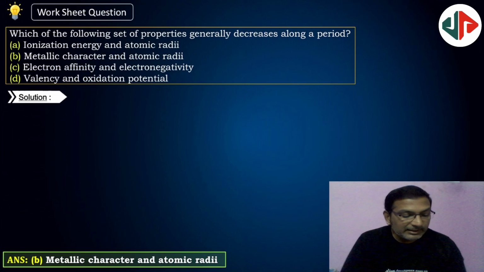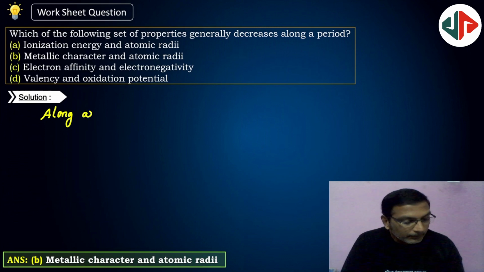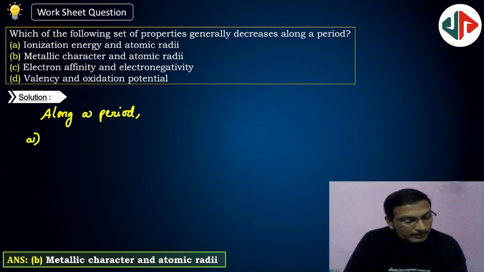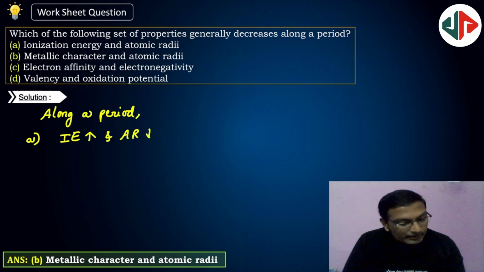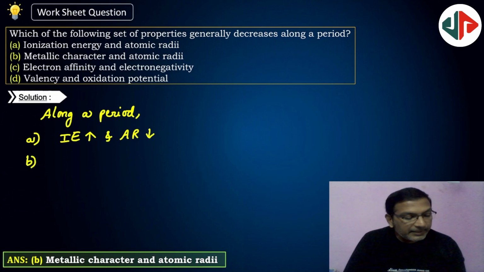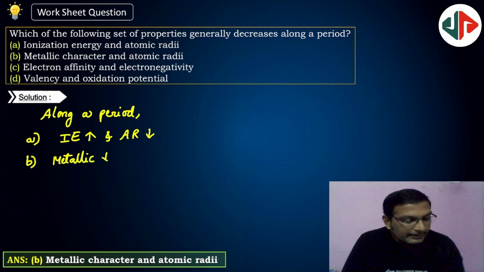So, which of the following sets of properties gradually decreases along a period? Take the first option: ionization energy along a period increases and atomic radius decreases. Option B: metallic nature decreases and atomic radius also decreases.